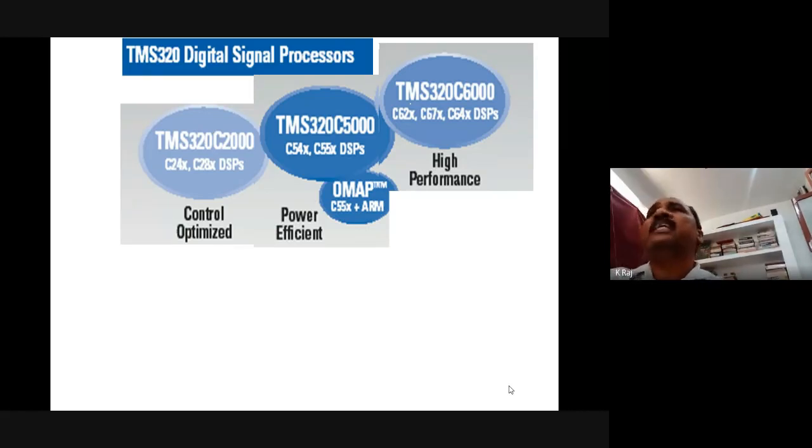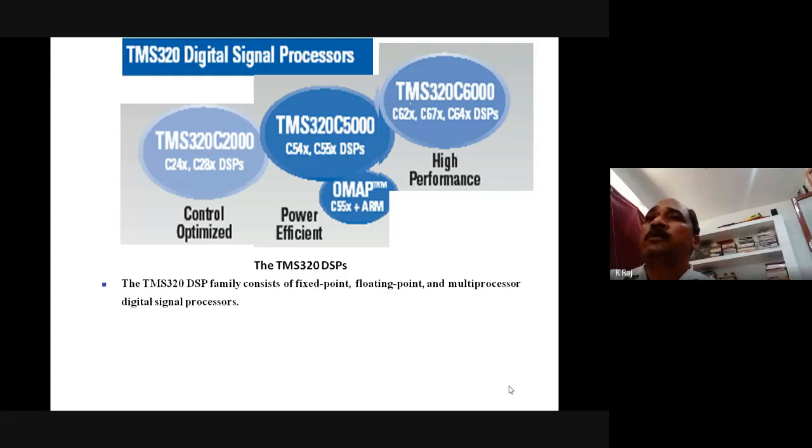Among these three series, we are just going to cover the third one today, having the features of the TMS320C6000. First, we will describe the processors of the TMS320 series, the Texas Instruments processors.